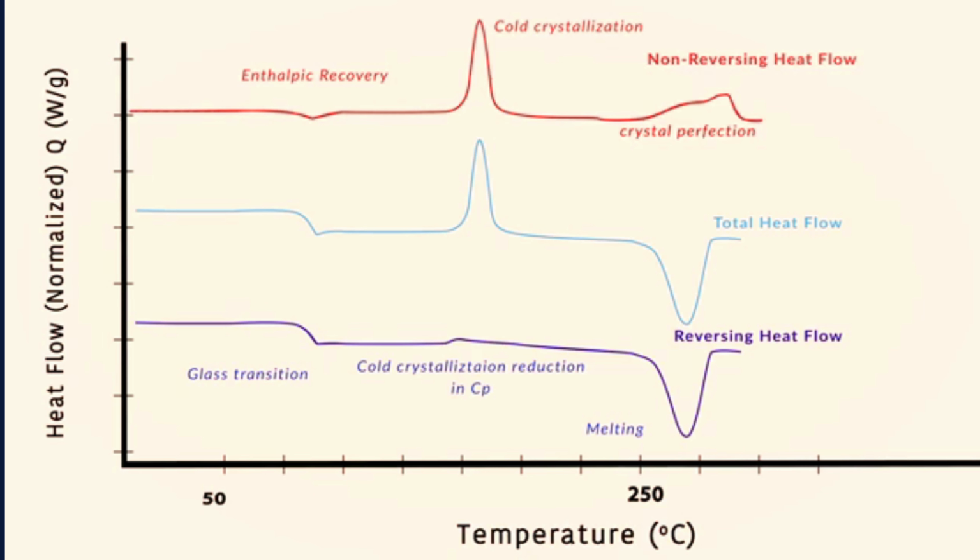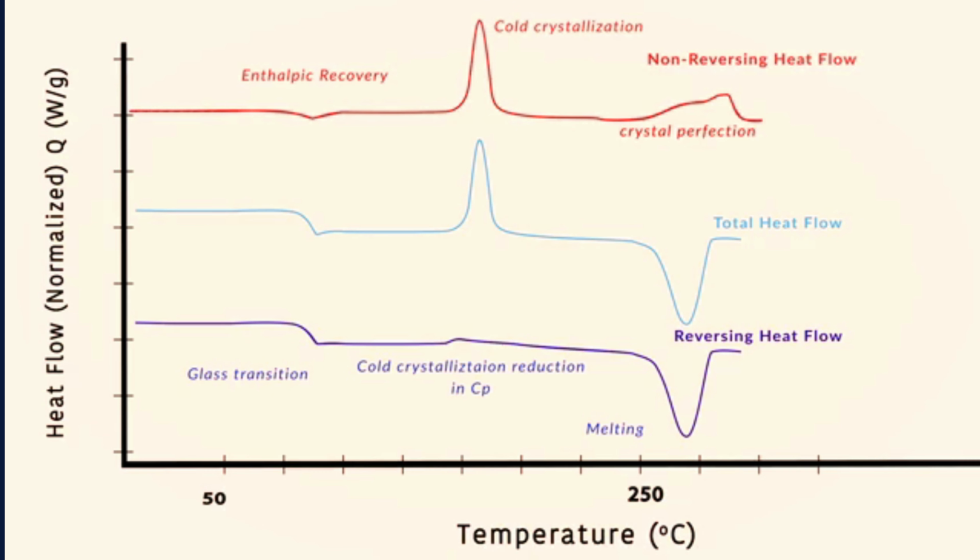Advantages of MDSC. Compared with conventional DSC, MDSC offers improved resolution of overlapping transitions, more accurate Tg determination, direct heat capacity measurements, separation of reversible and irreversible processes, better analysis of complex polymer systems, enhanced characterization of semi-crystalline materials.